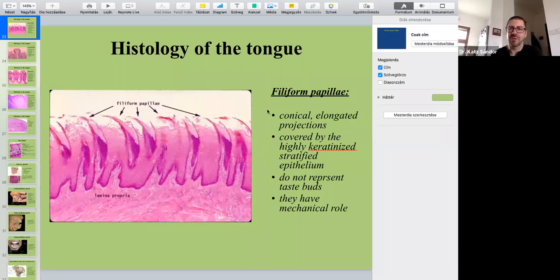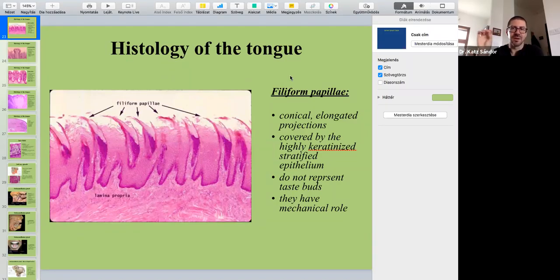The most common one is the filiform. The filiform papillae are conical shaped structures representing highly keratinized epithelium. It's really weird because we said the tongue is generally non-keratinized, but the filiform papillae have highly keratinized epithelium at the top.